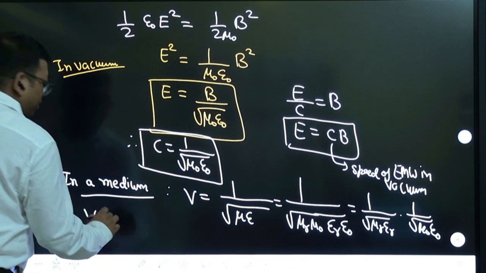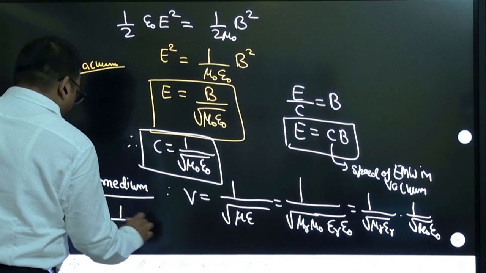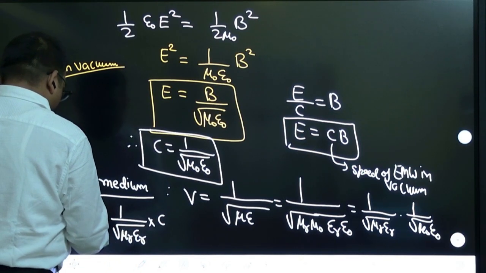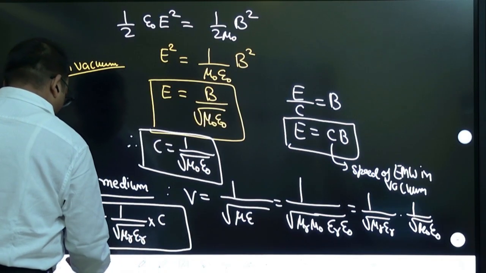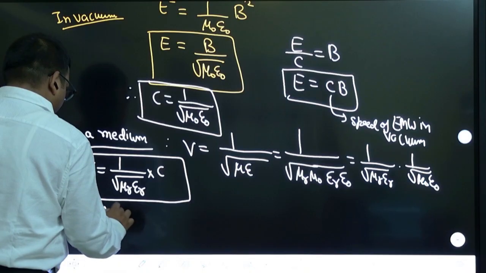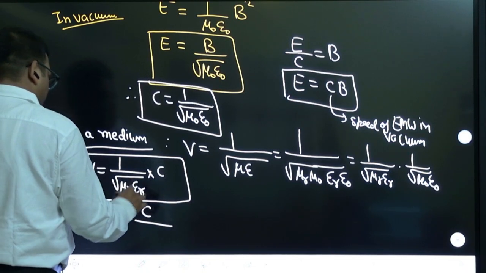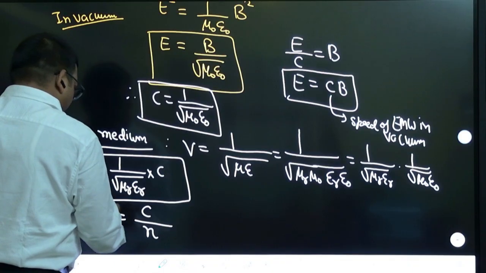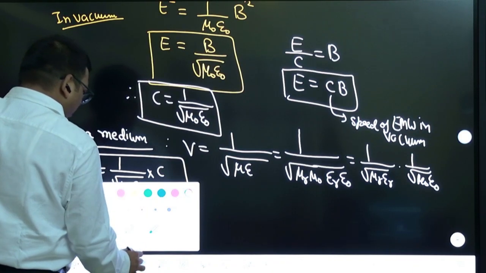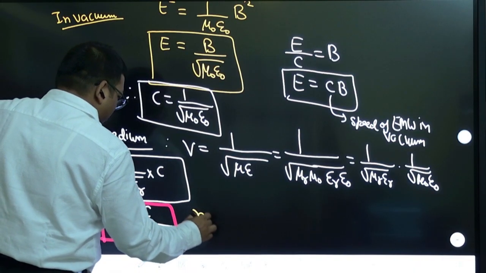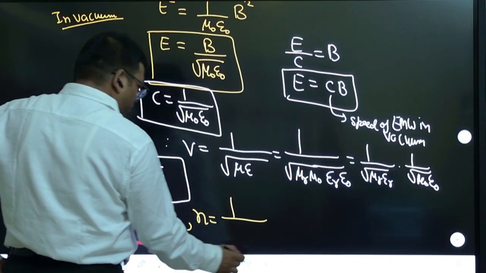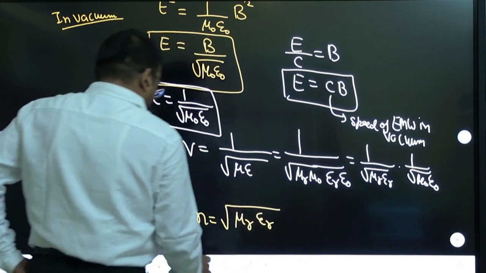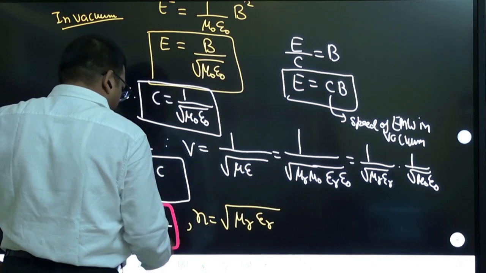So v can be written as 1 by root under mu r epsilon r into C. This is a very important formula to note. Now this can be written as C divided by n. This n is called refractive index, n is root under mu r epsilon r.